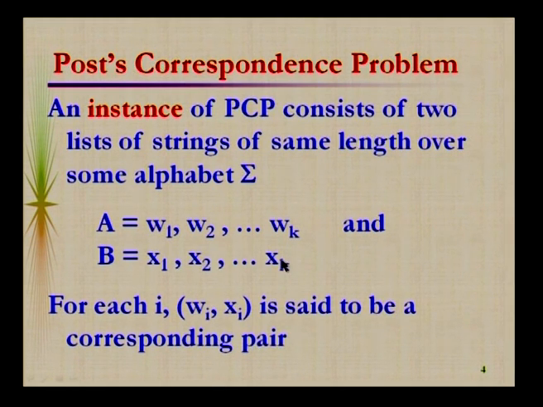The size of both lists must always be the same. If there exist k strings in list A, there should be exactly the same number of strings in list B.